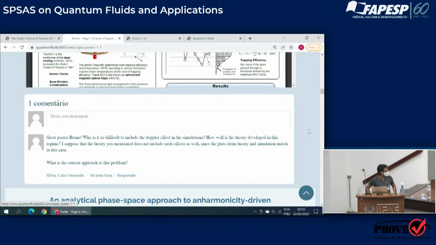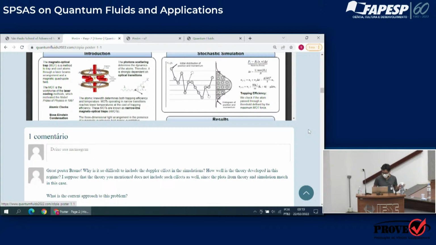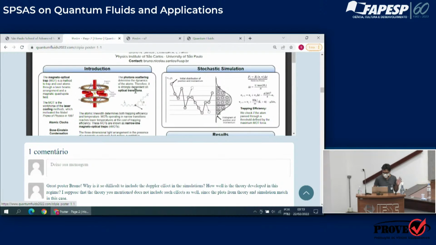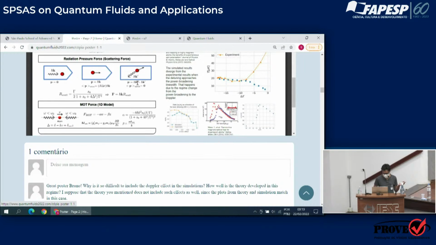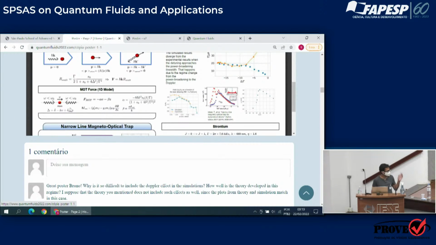So the theory includes the Doppler effect specifically. When I talk about the radiation pressure force, I have the Doppler effect included here in the tuning.